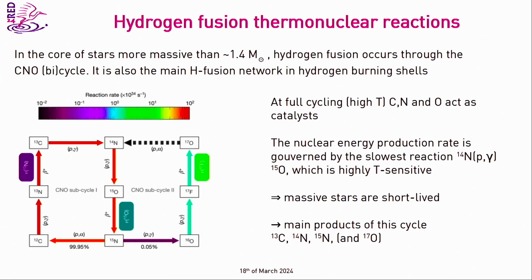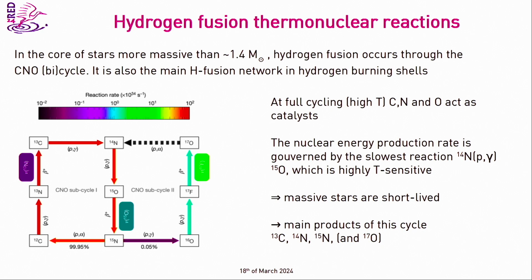So this cycle cycles, and that's why carbon, nitrogen, and oxygen act mainly as catalysts. If you look, you have used 1 proton, 2 protons, 3 protons, 4 protons, and you end up with 1 alpha particle, so 1 helium. Okay?